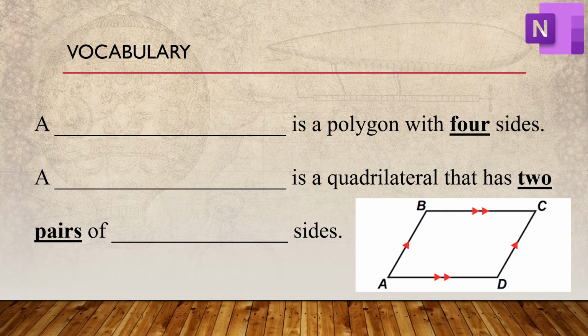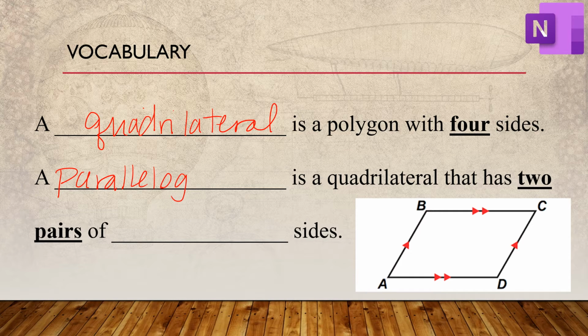So, looking at the information that we received from the video, we know that a quadrilateral is a polygon with 4 sides. And we also know from the video that a parallelogram is a quadrilateral that has 2 pairs of parallel sides.